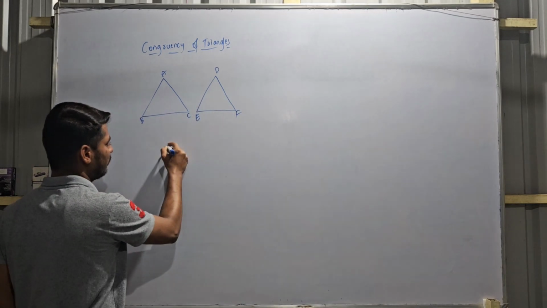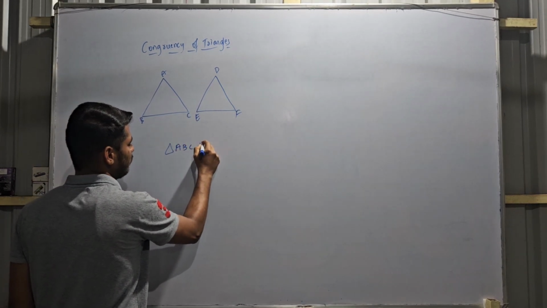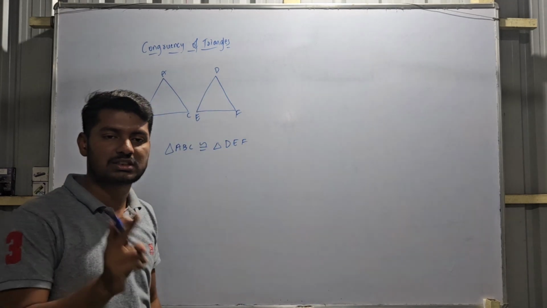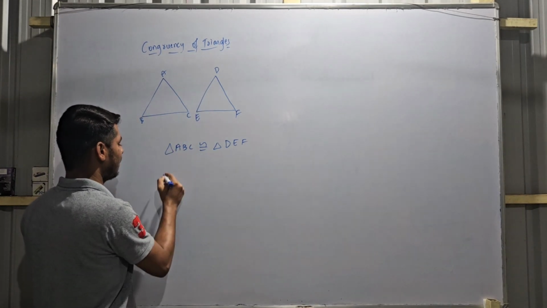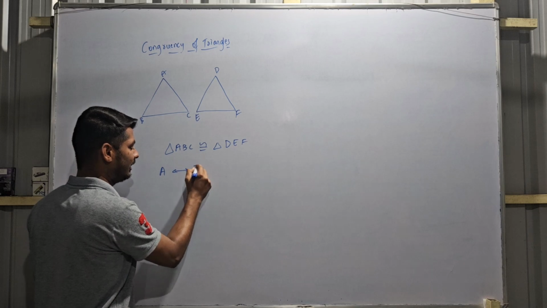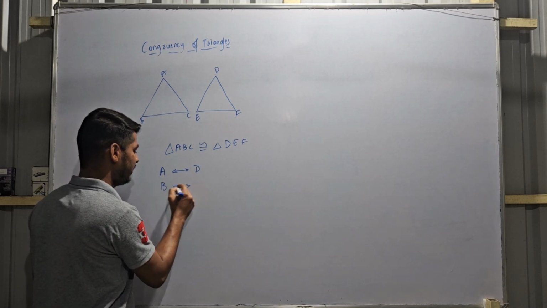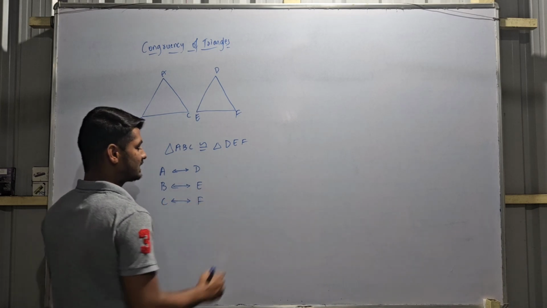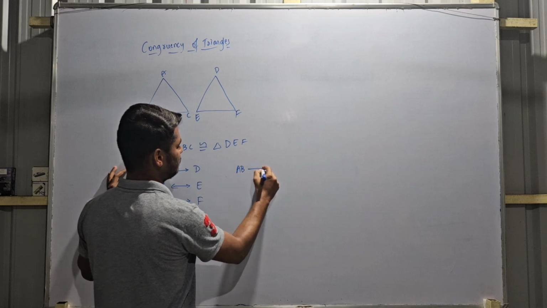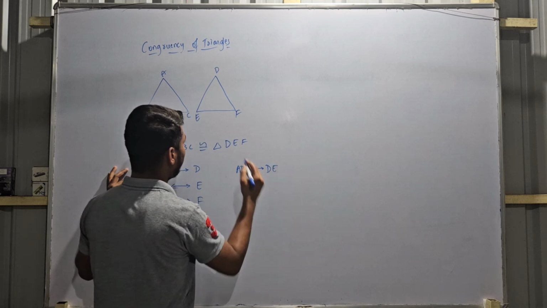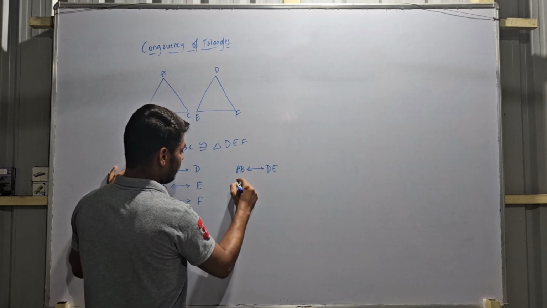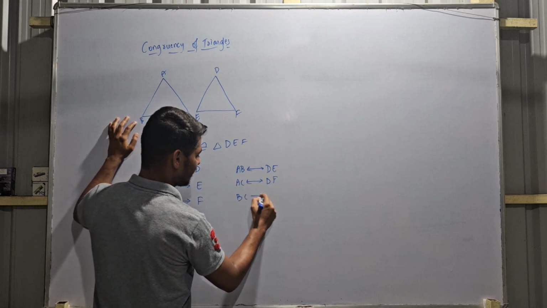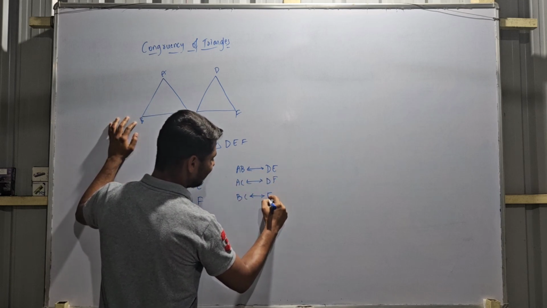See, for suppose they have given triangle ABC congruent to triangle DEF, it means the corresponding angles must be equal, and the corresponding sides. Here the corresponding angles are: angle A is corresponding to angle D, angle B is corresponding to angle E, angle C is corresponding to angle F. Similarly, side AB is corresponding to side DE, side AC is corresponding to side DF, and side BC is corresponding to side EF.